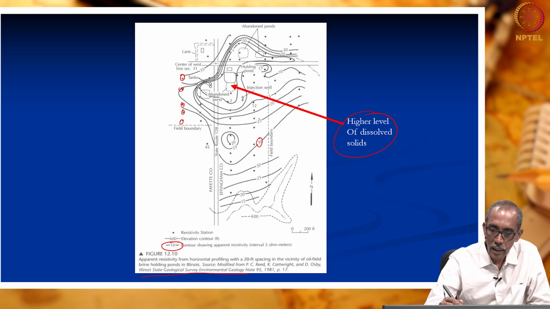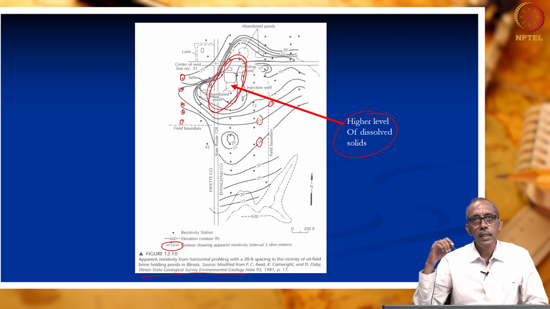So, here is 30, 25, 20. At this side, the resistivity values are very less. When resistivity values are very less within the same site, it probably indicates that the groundwater there has high salinity.